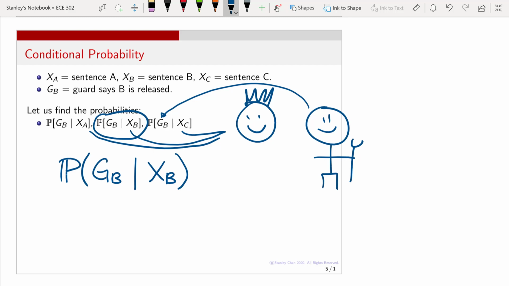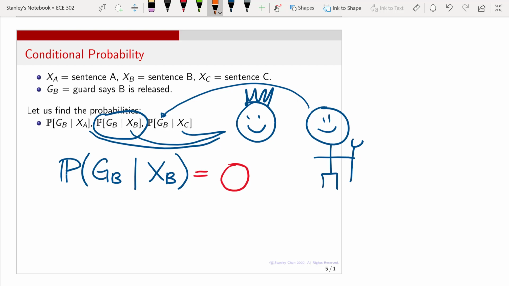The guard knows that B will be sentenced, and you ask, can you tell me whether B or C will be released? Because B will be sentenced, the guard knows that. The guard cannot tell you that B will be released. So what is that probability? This would just not happen.